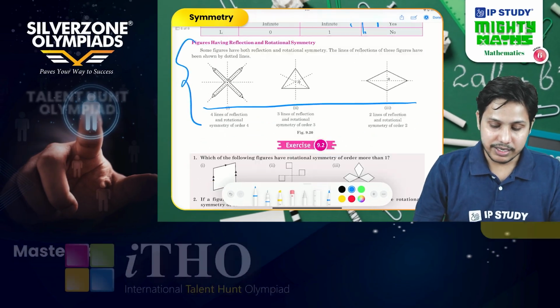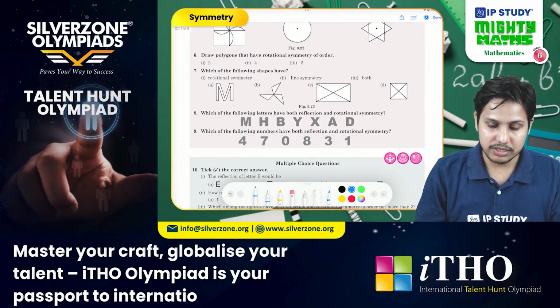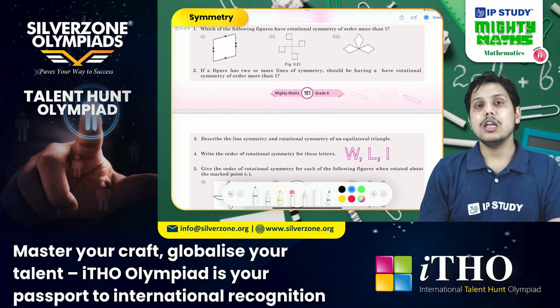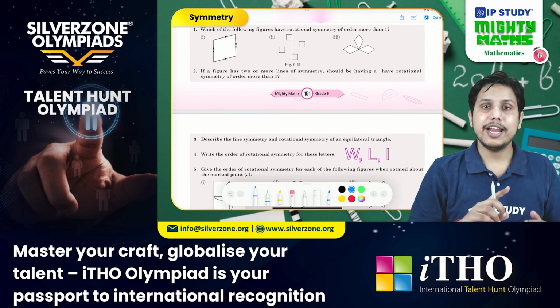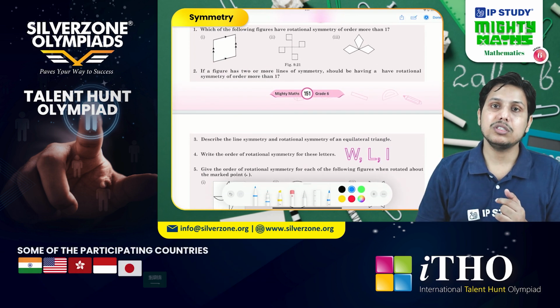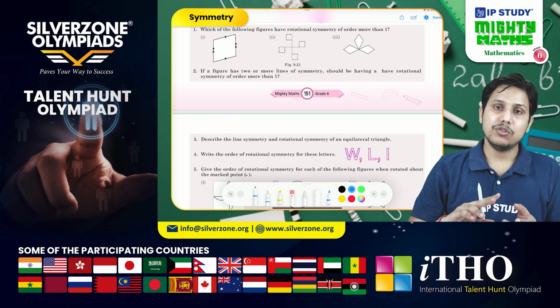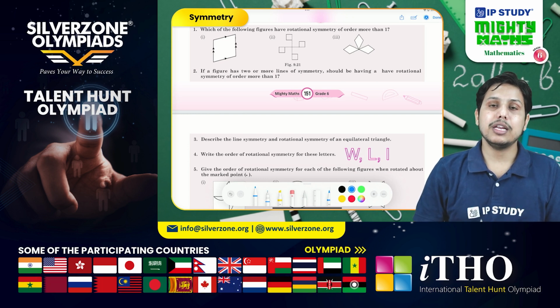Okay students, that is all from this chapter. I hope you have understood the concepts of symmetry, what a line of symmetry is, what figures possess lines of symmetry, and then rotational symmetry, order of rotation, and angle of rotation.